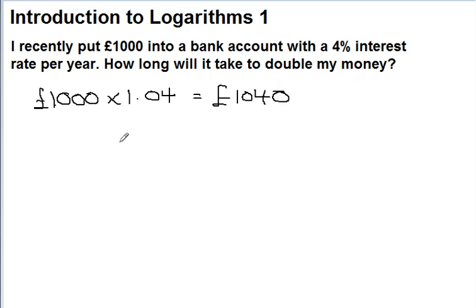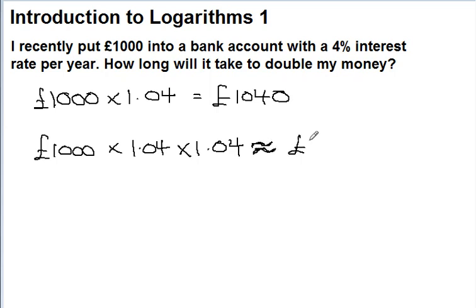At the end of the second year, I multiply by 1.04 again, and I get roughly £1,082.